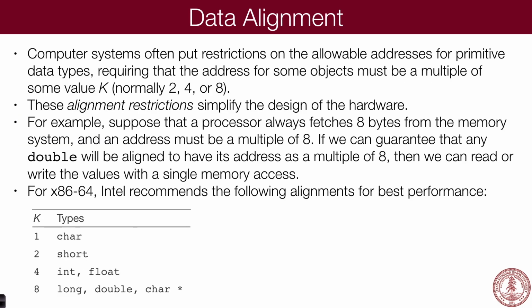Okay. So another thing we have to talk about is data alignment. It turns out that computer architectures are often built with restrictions on where you can put values, say, on the stack.